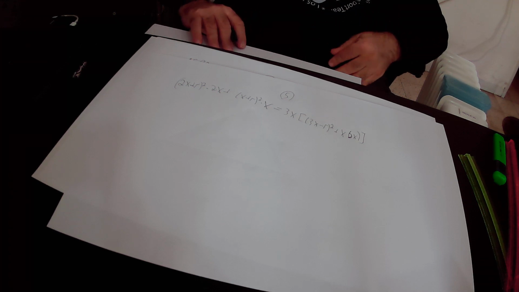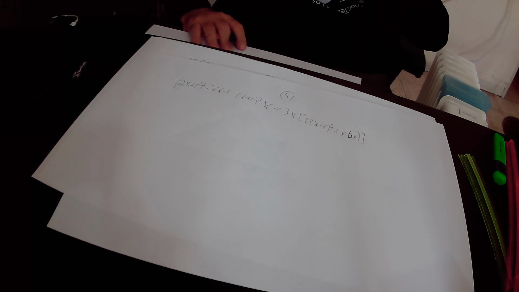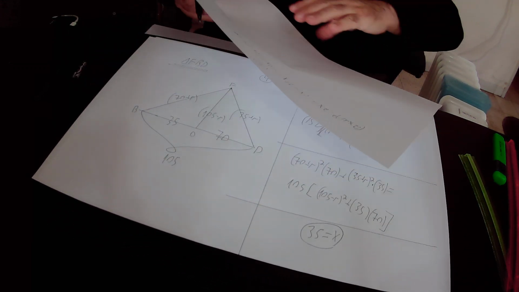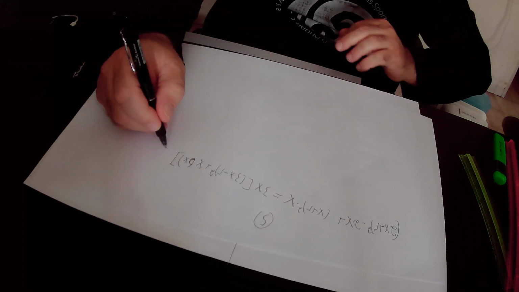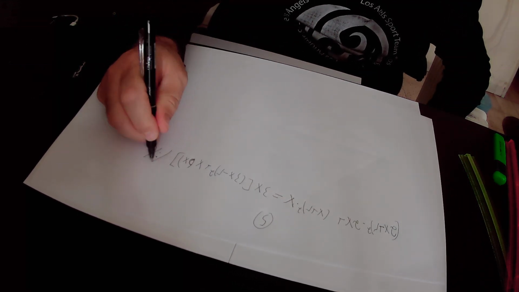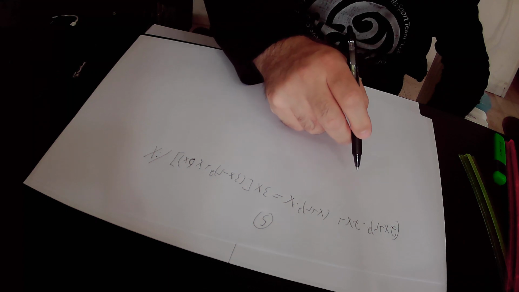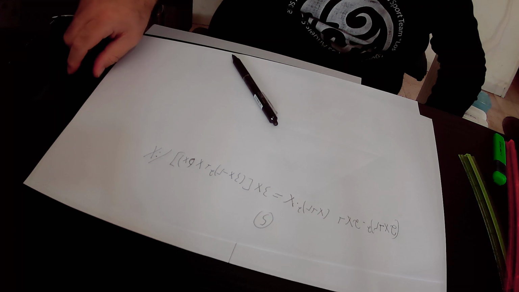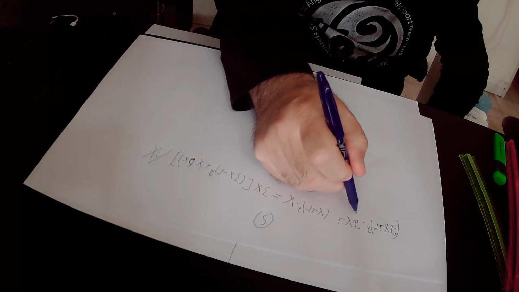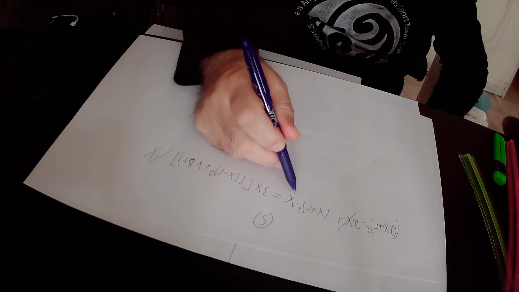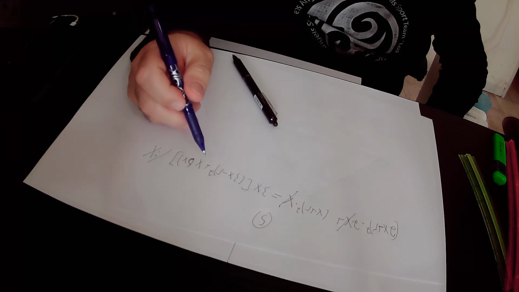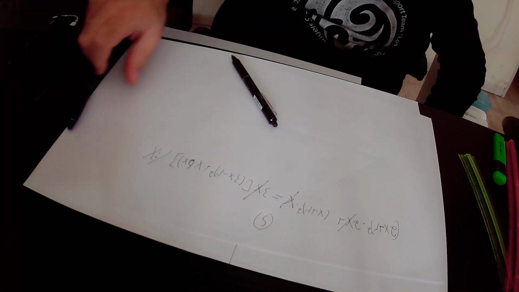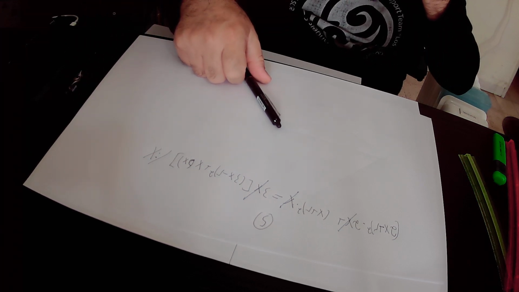In this equation, we divide this equation by x. Okay. Here, x will get cancelled. Here also x will get cancelled. And here x will get cancelled. So what is left from this equation after we cancelled x?